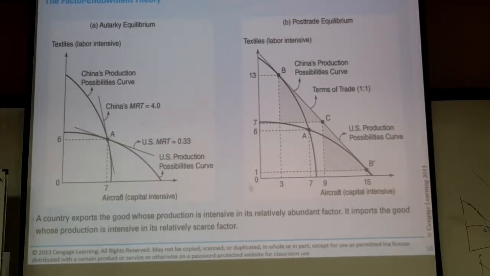So, a country exports goods whose production is intensive in its relatively abundant factor, which is capital in the United States, labor in China. It imports the goods whose production is intensive in relatively scarce resources or factors.